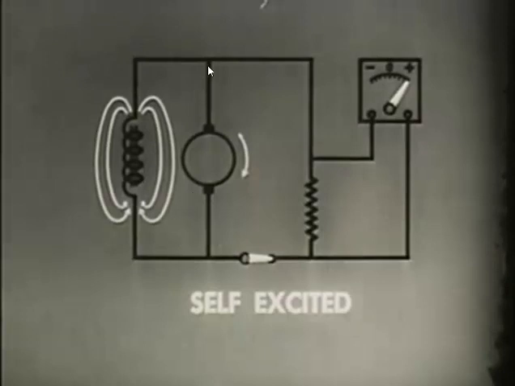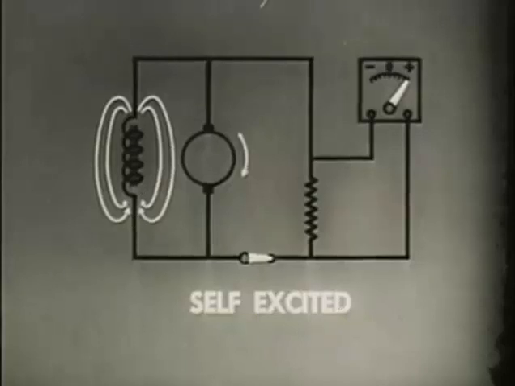Ini bisa juga dari hasil produksi listrik ini digunakan untuk menjadikan elektromagnet yang di stator. Kalau tadi yang dari luar ya, eksternal. Kalau ini hasil dari pembangkitan listrik di sini digunakan juga untuk membuat elektromagnet di statornya yang dinamakan self-excited.